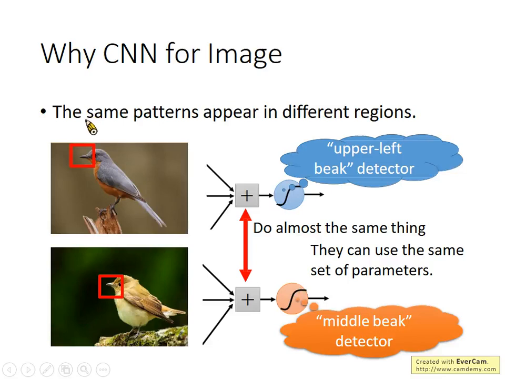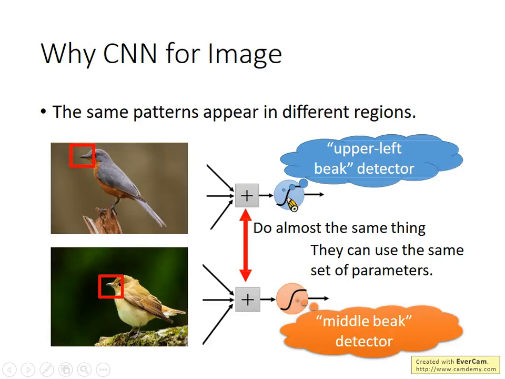The second observation is that the same patterns may appear in different regions. For example, in these two images, the beak may be at the top left, or the beak may appear at the center of the image. It's not necessary to use one node that specially detects the upper left beak, and another node to detect the middle beak.